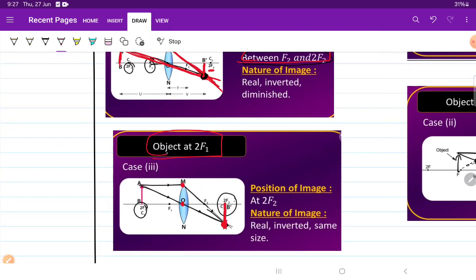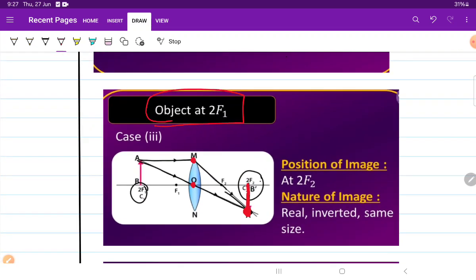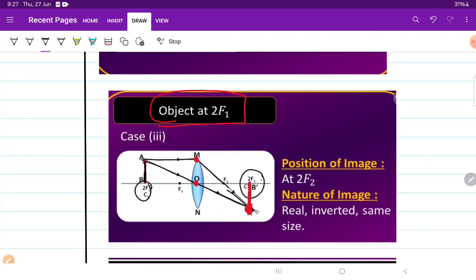Let's see the third case in which we put the object at 2f1, meaning at C. One ray is parallel to the principal axis, refracts and passes through f2. One ray passes through the optic center.